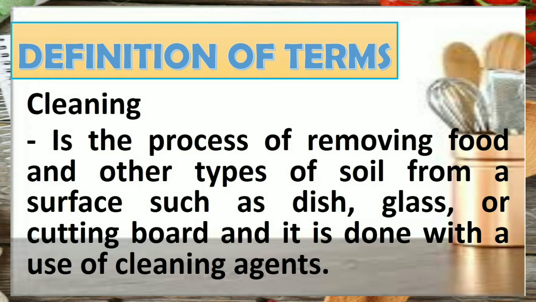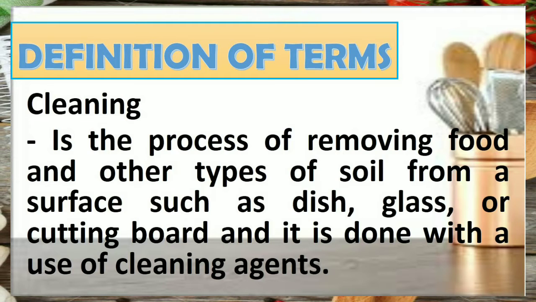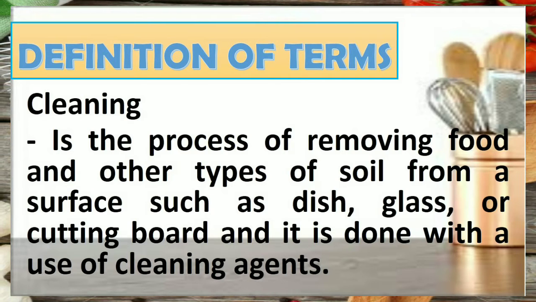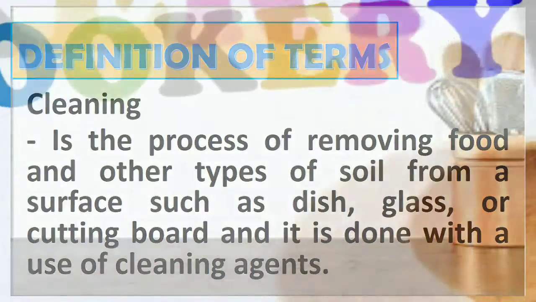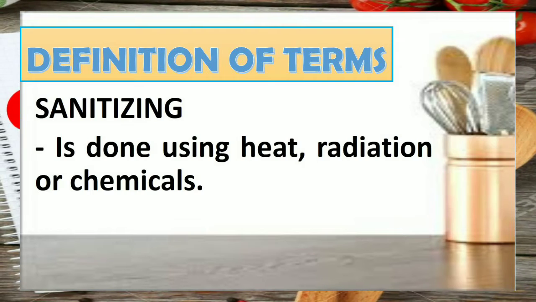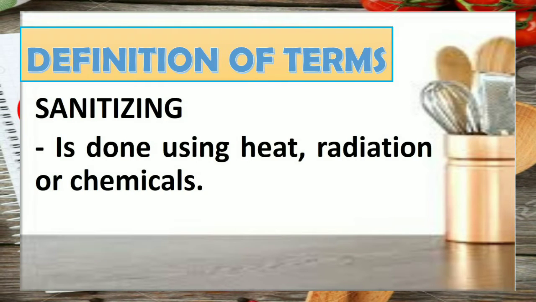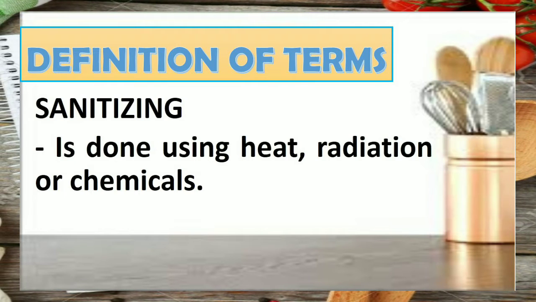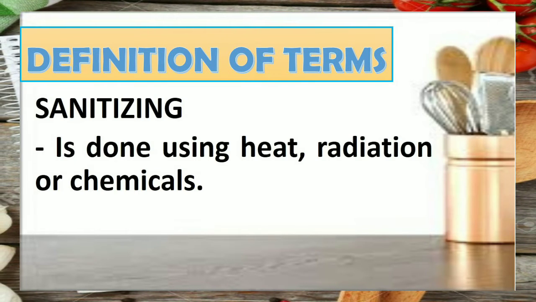So cleaning is the process of removing food and other types of soil from a surface such as dish, glass, or cutting boards, and it is done with the use of cleaning agents. Next is sanitizing. Sanitizing is done using heat, radiation, or chemicals.